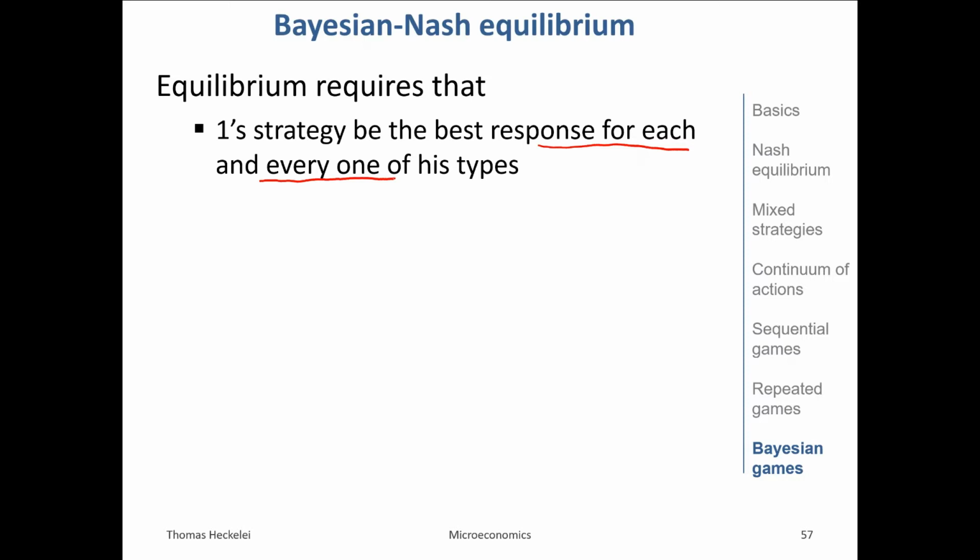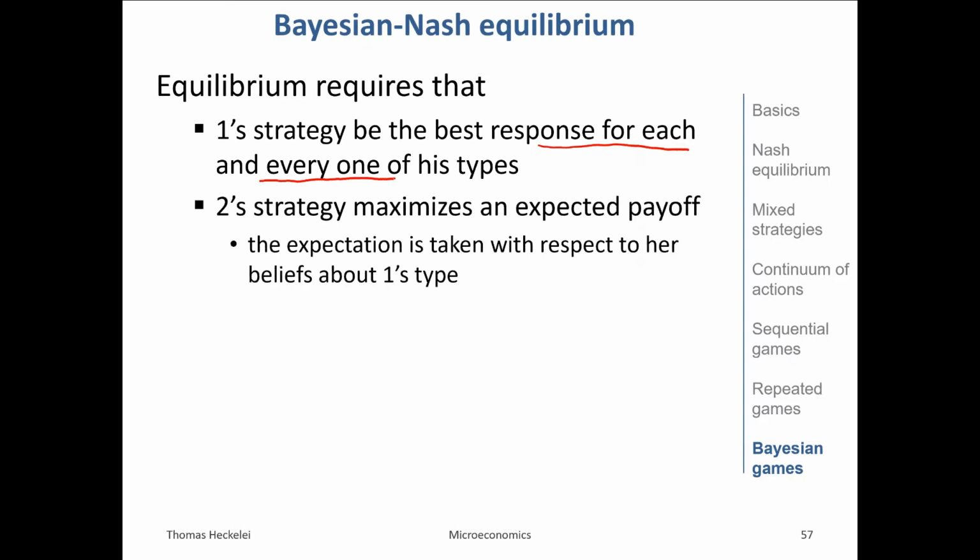Now, for the second player, because now it involves uncertainty with probability, we come back again to the expected payoff concept, which we have encountered for the first time in the game with mixed strategy, right? So instead of maximizing a certain payoff, now he will try to maximize his expected payoff.